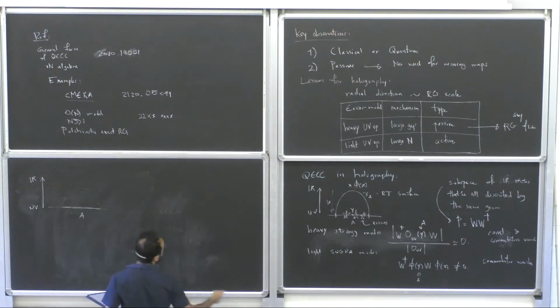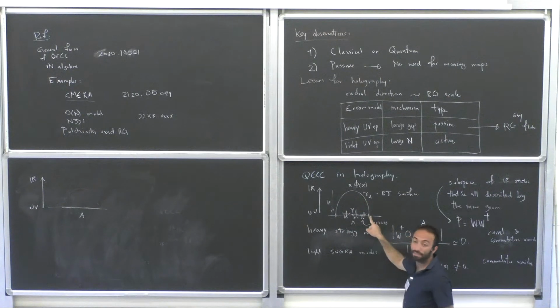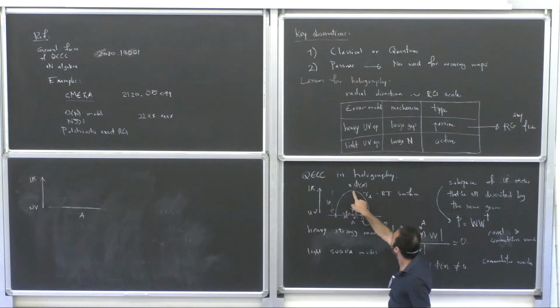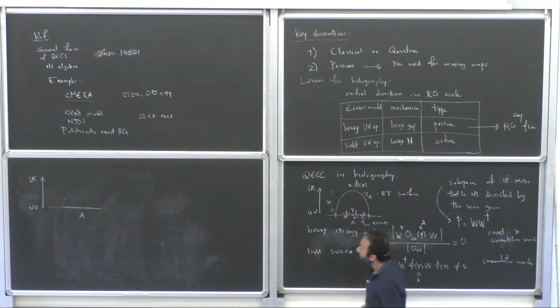What happens is that, as opposed to here, where there was a sharp RT surface, where if the operator was inside, the commutator would be non-zero, but then immediately as you push it outside of the RT surface, the commutator drops to 0 in both cases.